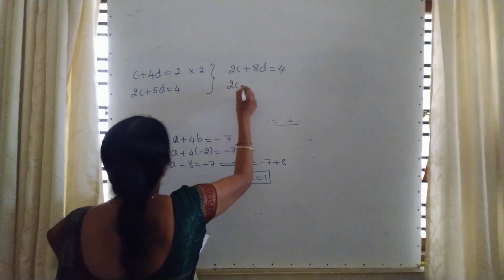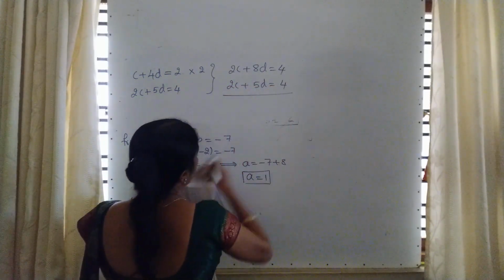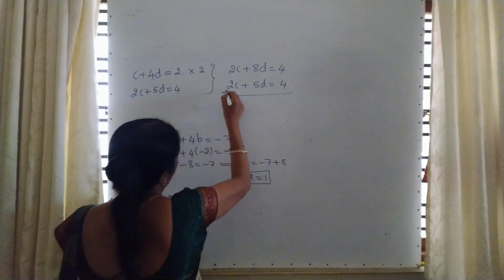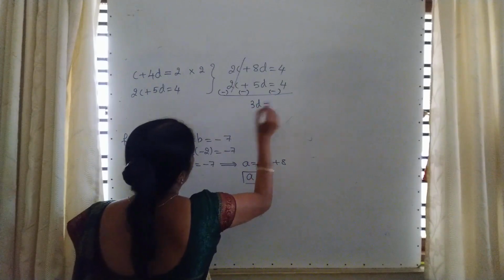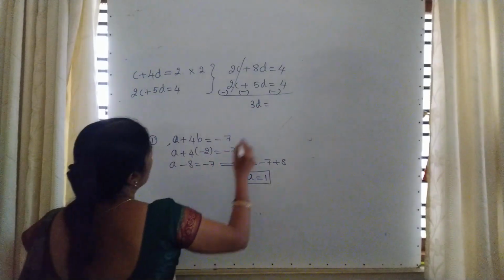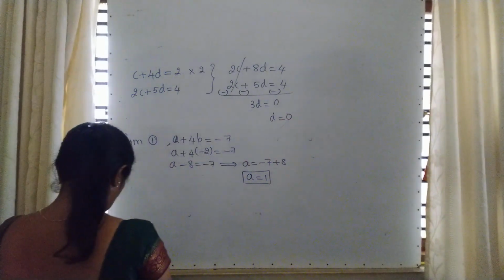It is 2C plus 5D is equal to 4. So here also I am changing the sign. 3D is equal to 0. What is D? D is 0.